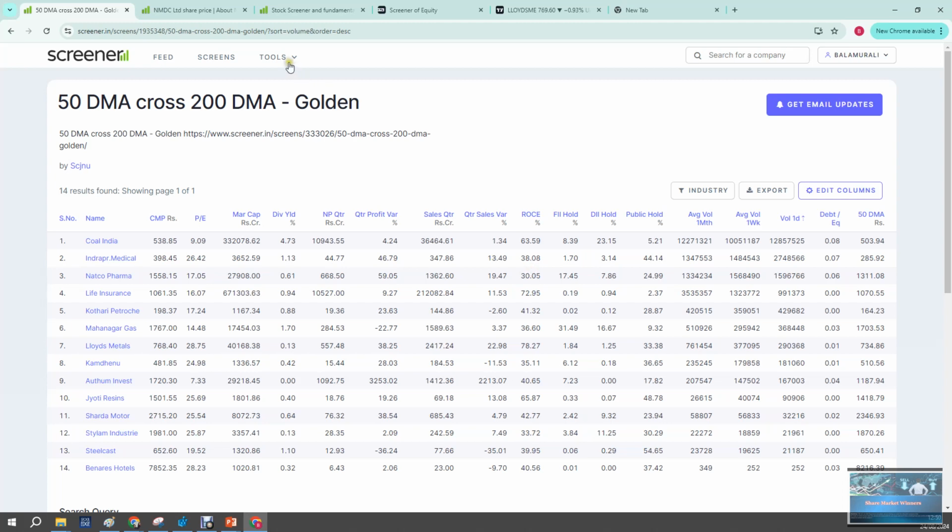These are generic scripts which somebody has written and which we are trying to utilize for our own benefit. If we use those, we have to be extra cautious and do further analysis, checking whether a real 50-200 moving average crossover is happening, and then you can take it.